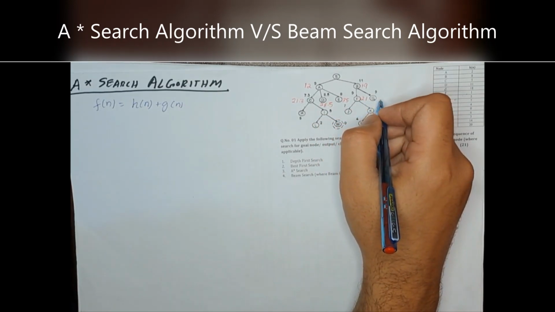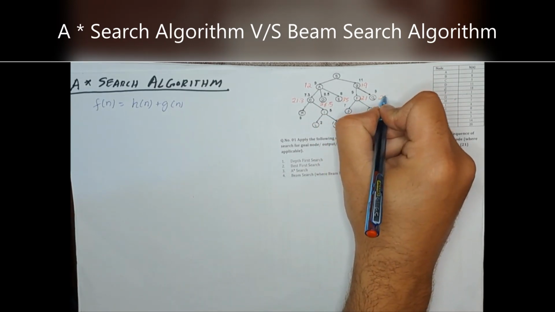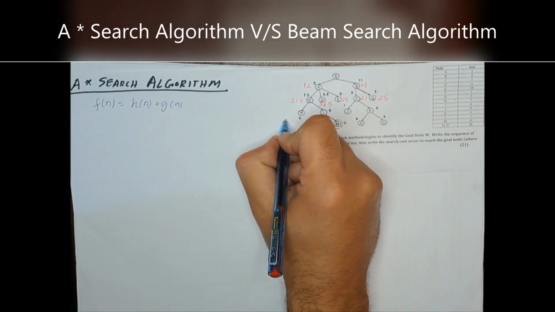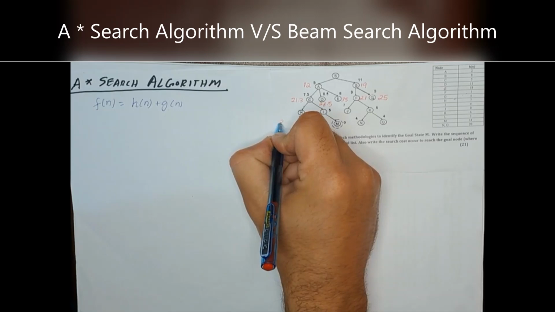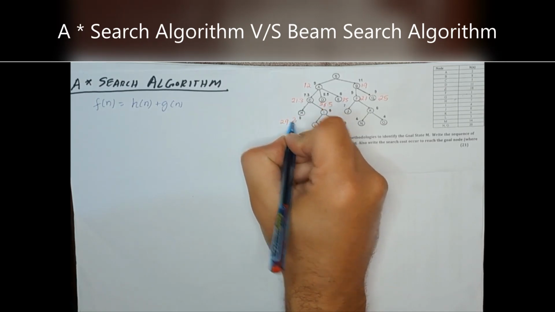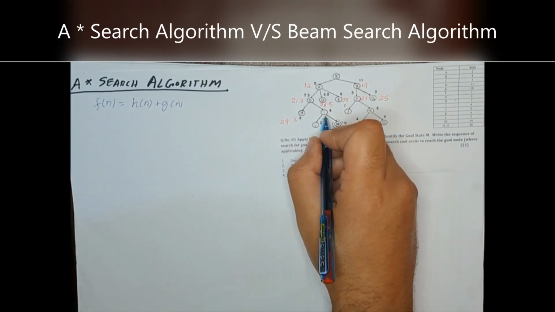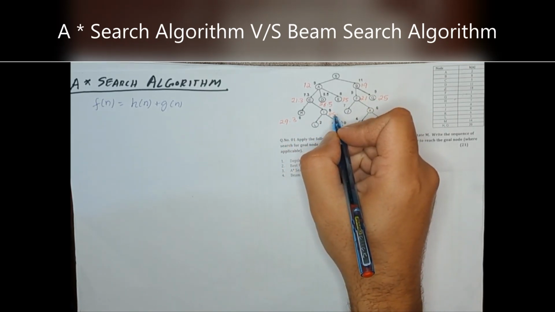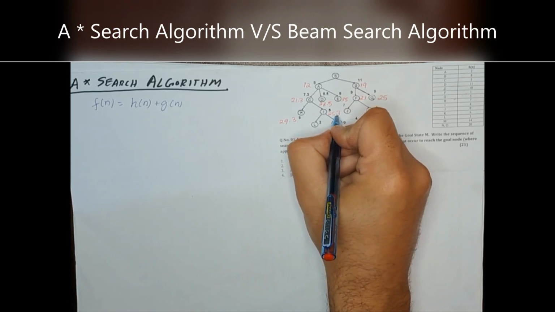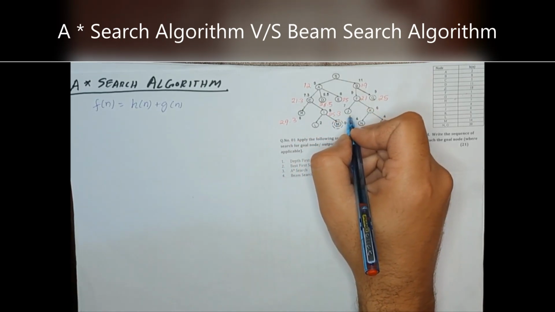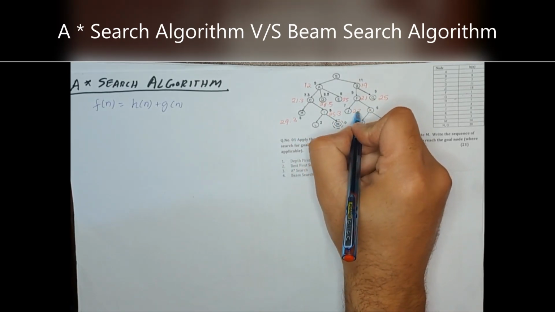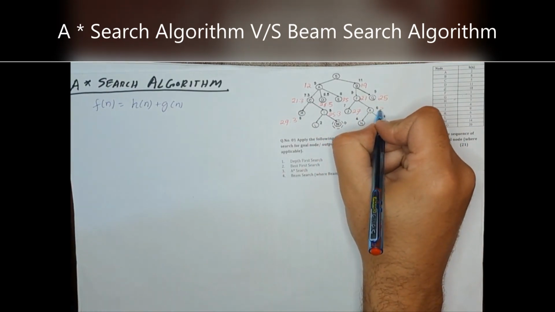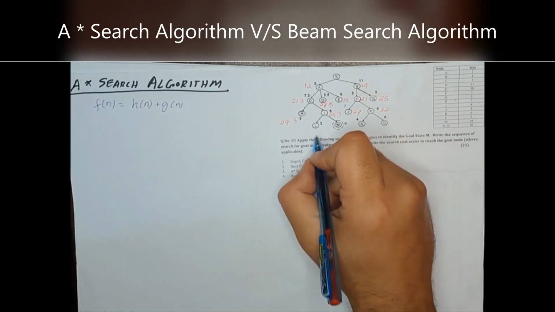For G the value is 25. For H it is 29. Since it is 6, the total one is 29.3. For I we have 25.3. For J the value is 27, and for K we have the value 32, where this is 6.